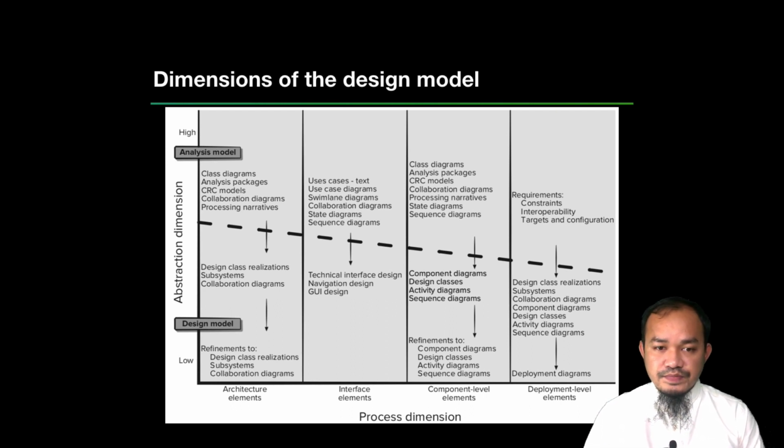In use case, we also use the use case diagram to translate the use case into interface design, whether component interface, navigation design, or GUI, graphic user interface design. We use the class diagram to create a component diagram in the design model. Okay, this is our discussion from the last lecture.